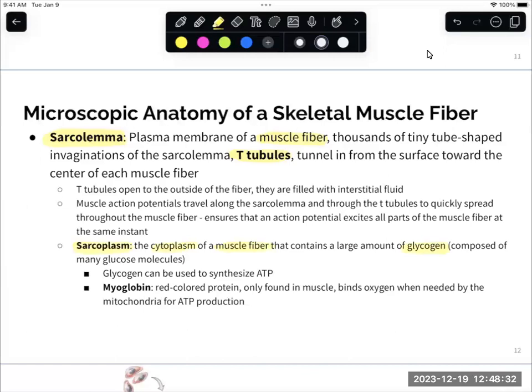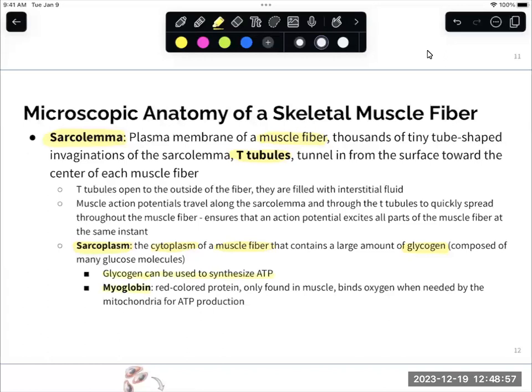They are the only two organs that can store glucose, skeletal muscle and the liver. We can break that glycogen down into individual glucose molecules to then make ATP, our energy.